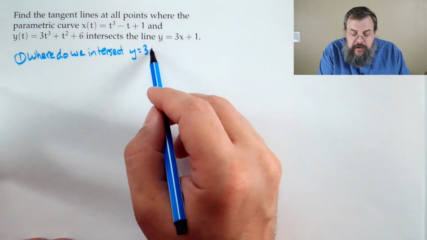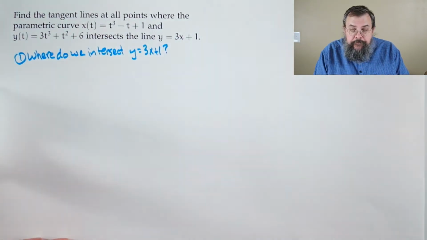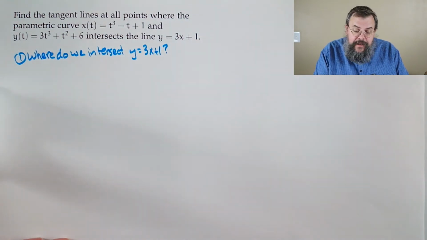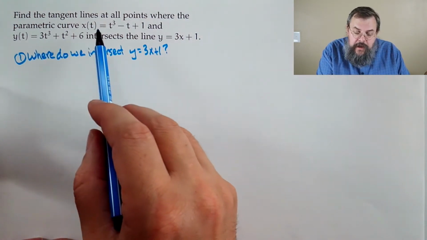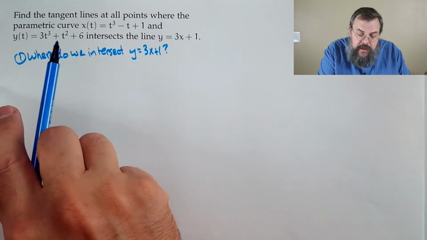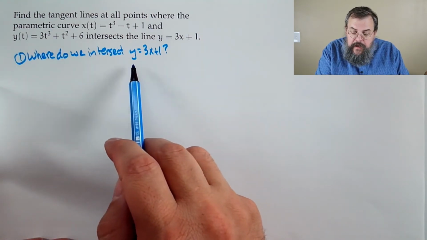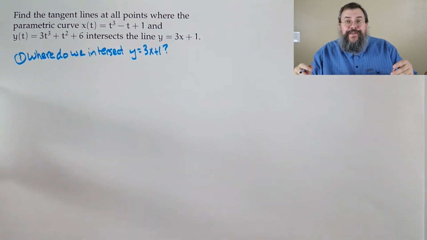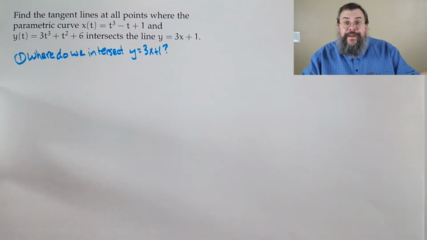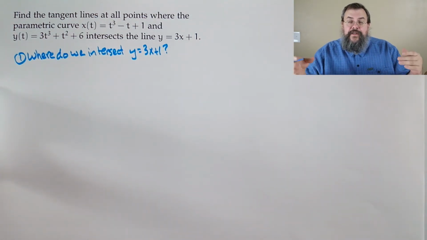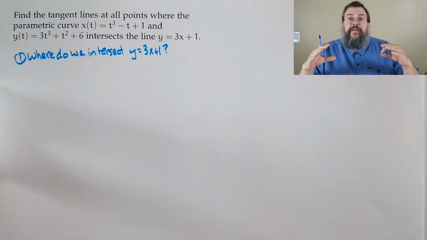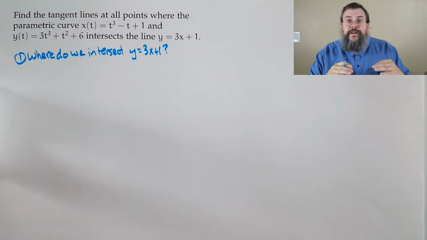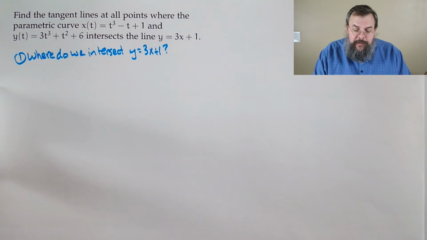So for that, we have y, we have x, so we plug in the expression for y and the expression for x, and we'll get down to a single expression involving t, which lets us solve for t.